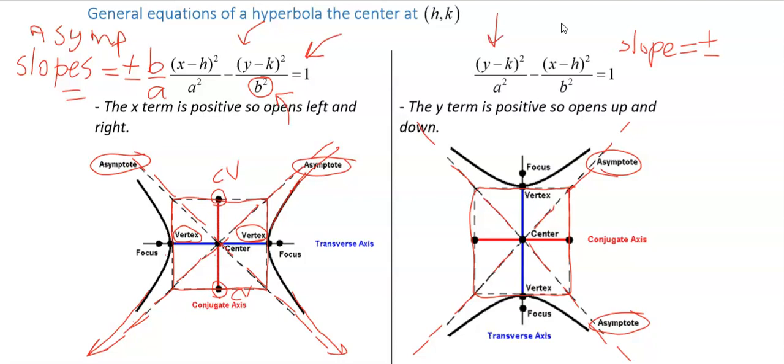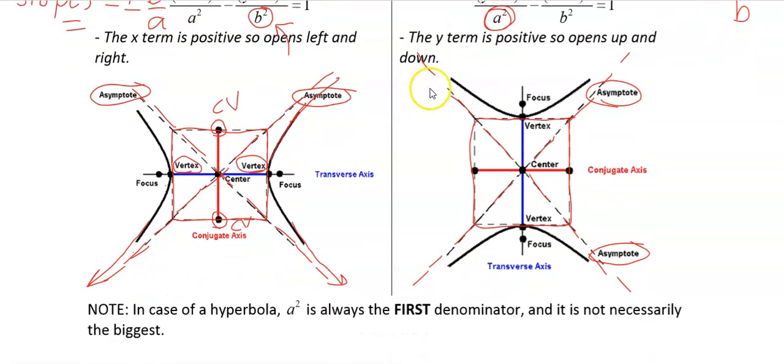Look at what's under the y squared. It's the a this time, isn't it? The a squared is under the y squared. So that's what goes on the top in my slopes. That's the way I remember it. If you want to think up some little trick on your own to do it somewhat differently, you go right ahead. But that's the way I remember how to get the slopes of the two asymptotes.